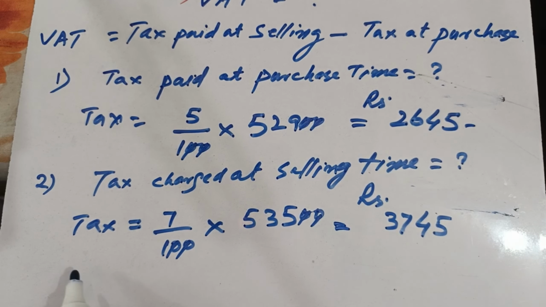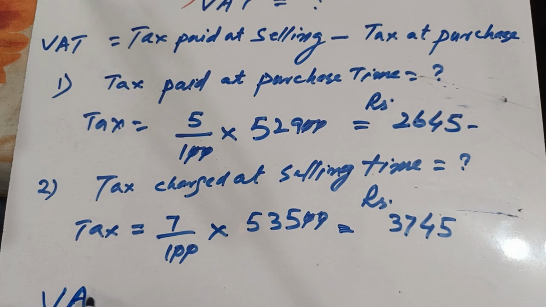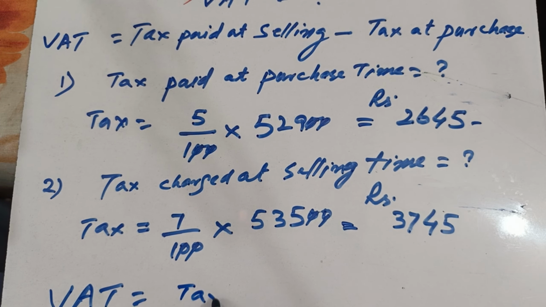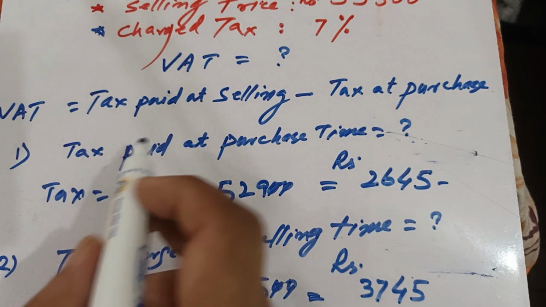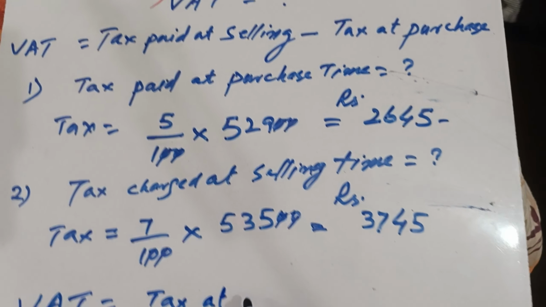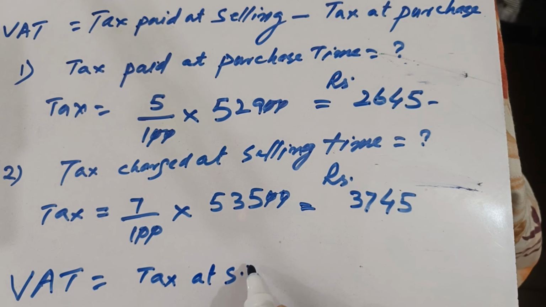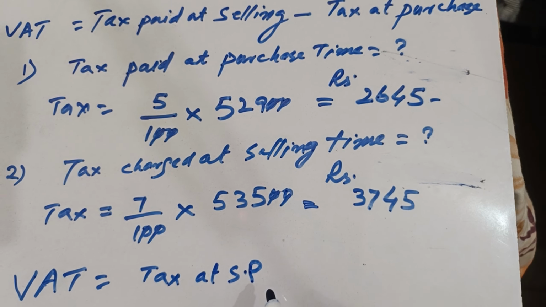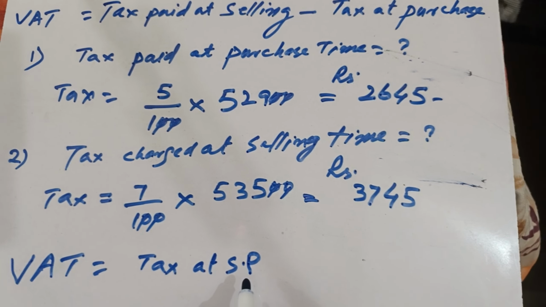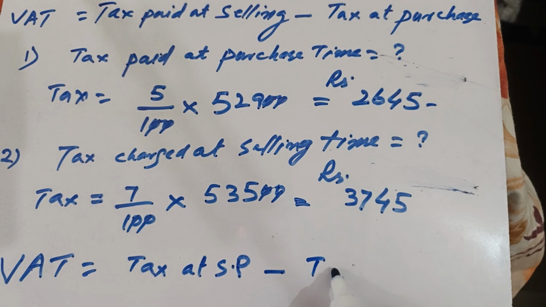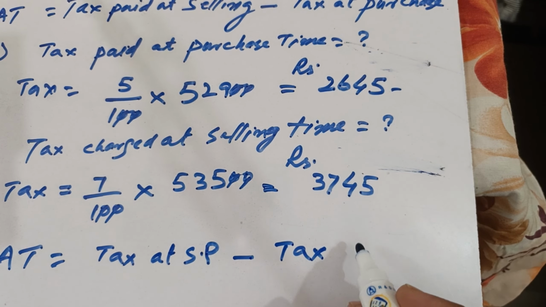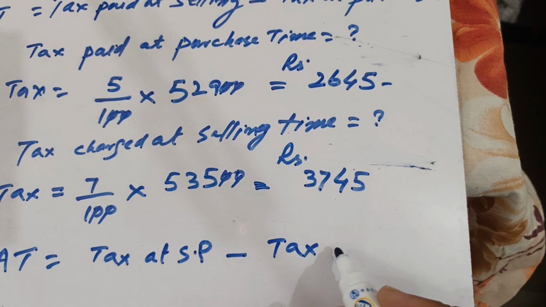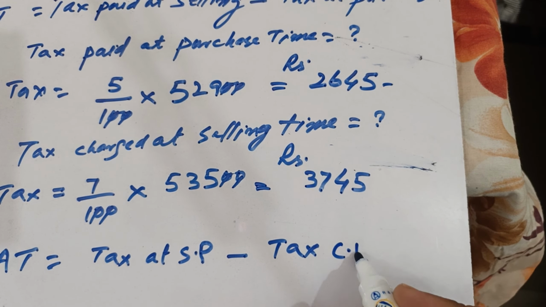Now we will find VAT, value added tax. This is tax at selling time, or tax at selling price, minus tax at purchase, which is usually known as cost price. Tax at selling price, SP, minus tax at cost price, CP.